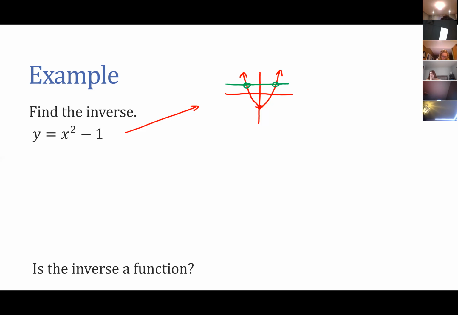So the conclusion is that when we get to our inverse, it is not going to be a function. So we haven't even bothered to find the inverse yet. I have no idea what it is, but I do know that when I find it, whatever it is is not going to be a function, because I did the horizontal line test on the original thing.